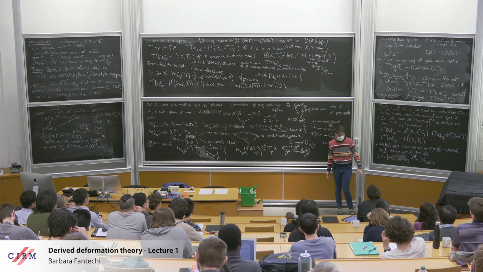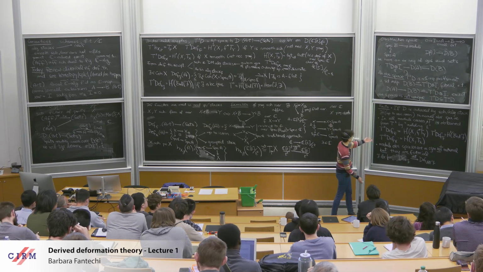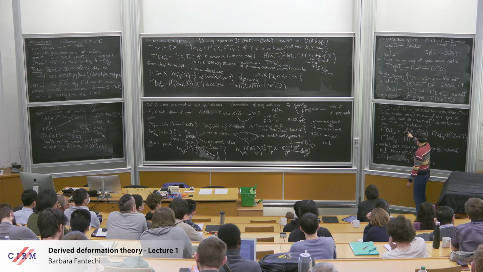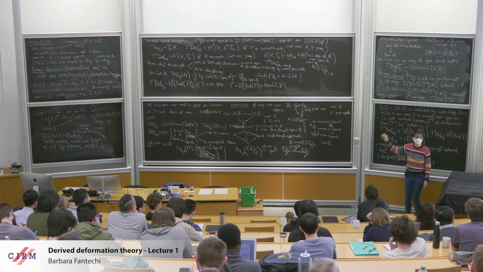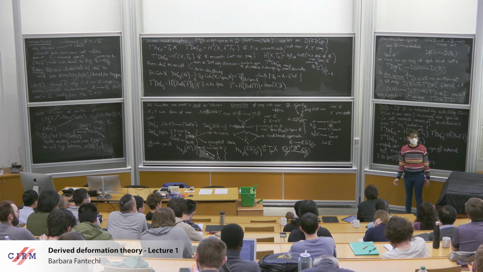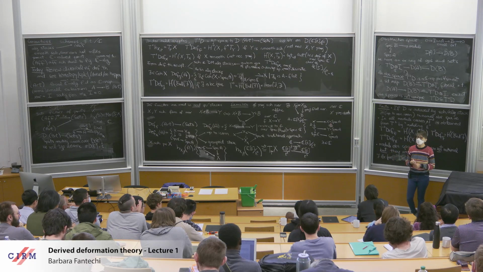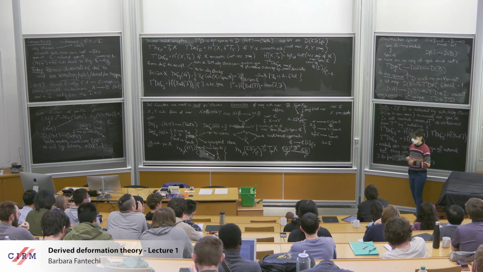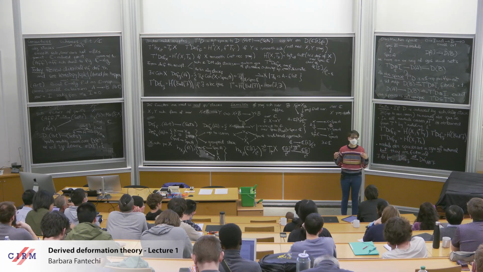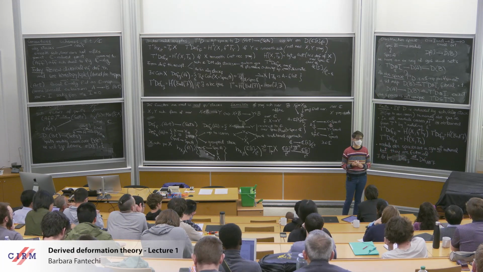In fact, using derived methods, you can ask yourself, why stop at T2? I have H1, H2, I can go to H2, H3, any number. What are their meanings? And the answer is, we can have a full answer using derived geometry. And what we will see is that deformation theory has a very direct approach to this.